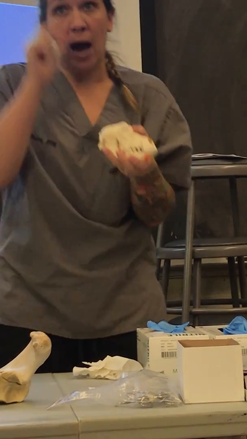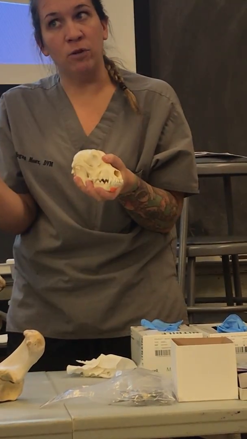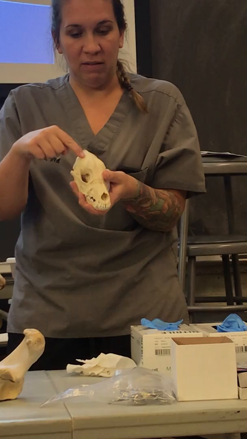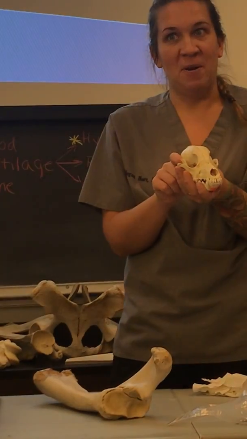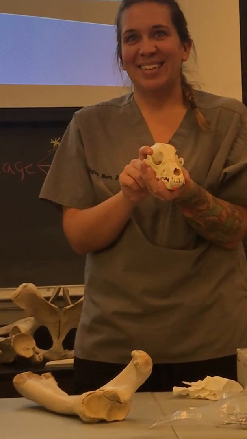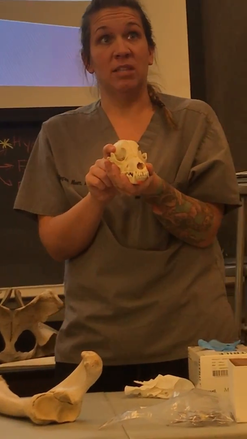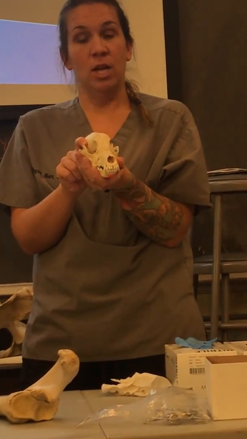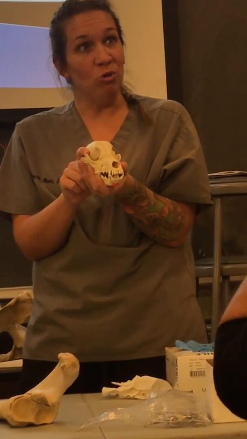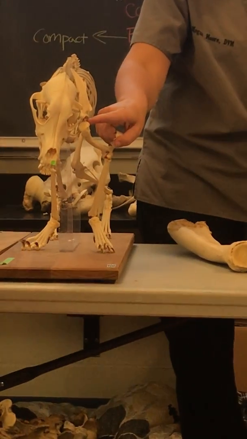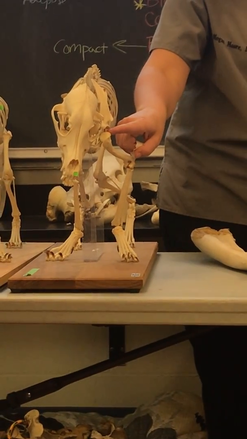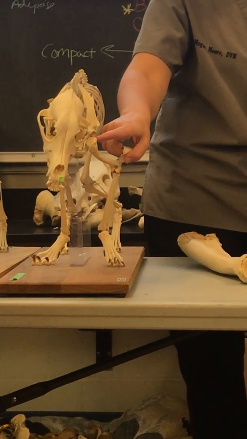So remember, there's a type of joint and there's a name of a joint. So what's the type of joint in the skull? Fibrous. Sutures is the name of the joint. Make sure you know the differences between those. What's the type of joint? Synovial, specifically ball and socket. What's the name of the joint?